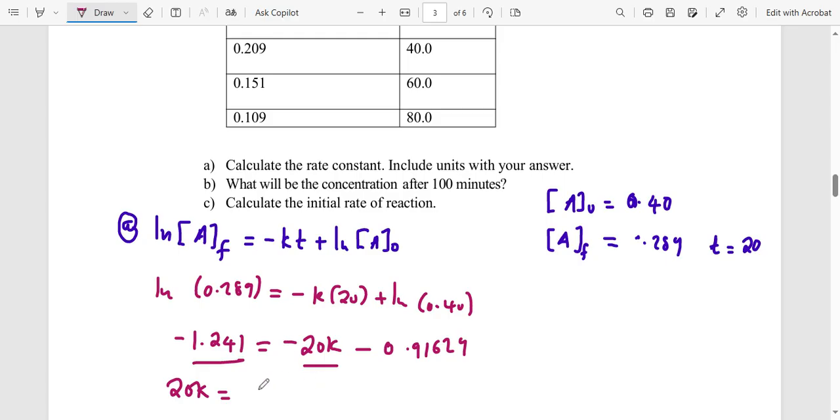So the answer that is given to me is negative 2.15. Let me punch this again because it doesn't seem to be correct. Let me just pick it from this point.